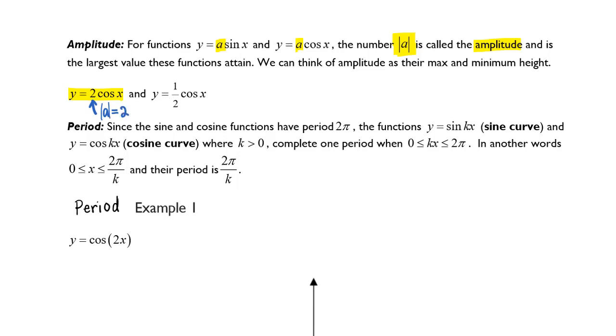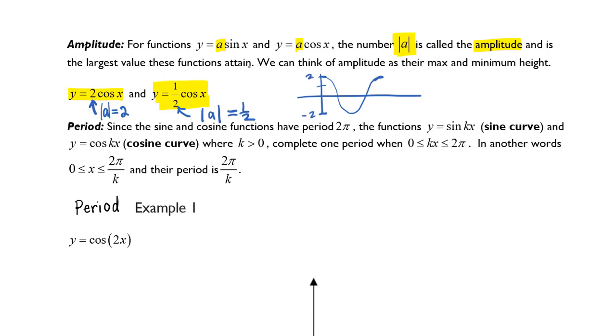And if we were given y equals 1/2 cosine of x, we look at this number and the absolute value of a, or the amplitude, is equal to 1/2. If we were to sketch that really quickly, the amplitude for the first sketch would be something like this, where your maxes are at 2 and your mins are at -2.